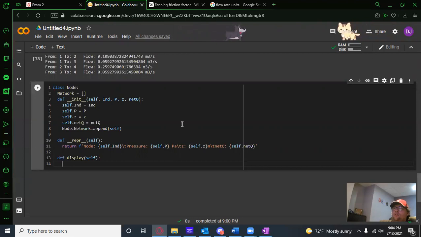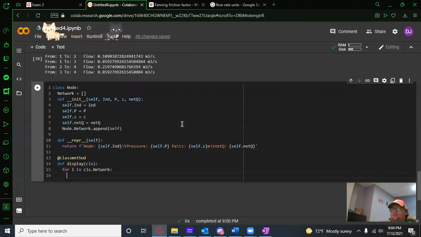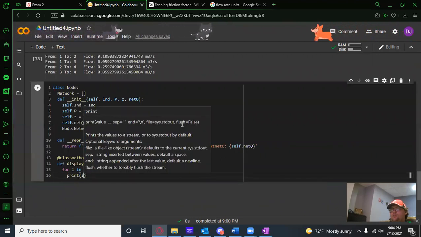So display: for i in cls.network, just print out i.